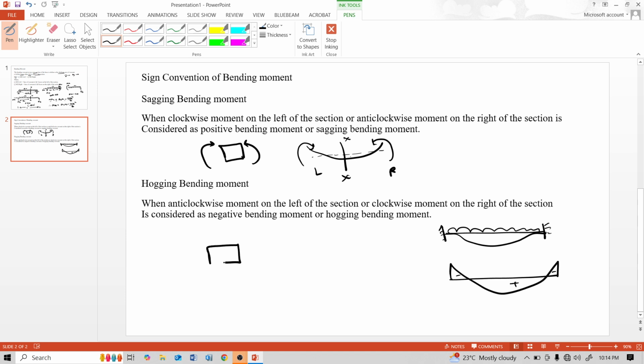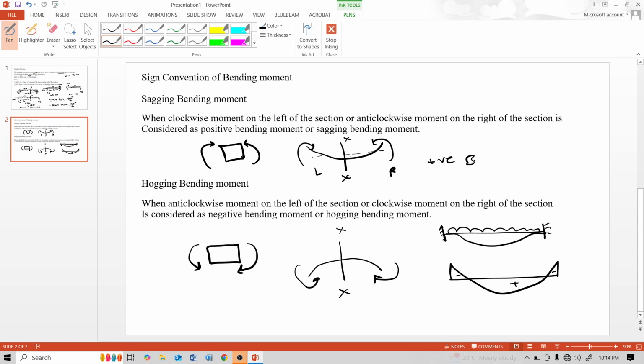See here, when anti-clockwise moment is on the left of the section and clockwise moment on the right of the section, due to this the beam deflects like this, and this is hogging bending moment.